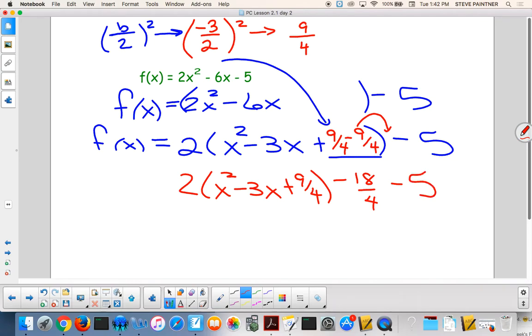Now, the nice thing about the parentheses, this is factorable. What does it factor into? x minus what? Did you say 1/2 or 3/2? Oh, yeah, yeah. Okay. Your answer is always right there, by the way. If you ever want to know what that number is, it's what you squared, right?